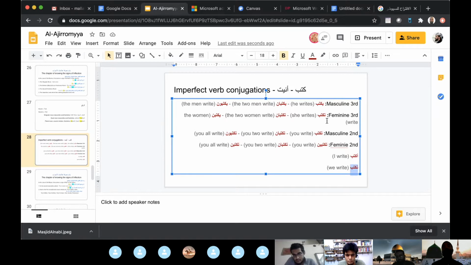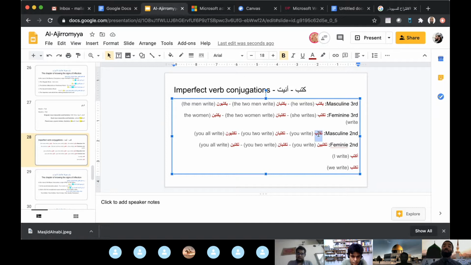So the ta in the imperfect verb does not necessarily tell you whether it's feminine or masculine. By its nature it does not tell you anything, because the ta is shared between the feminine third person and the masculine second person. It's not intrinsic in the ta that it's feminine.